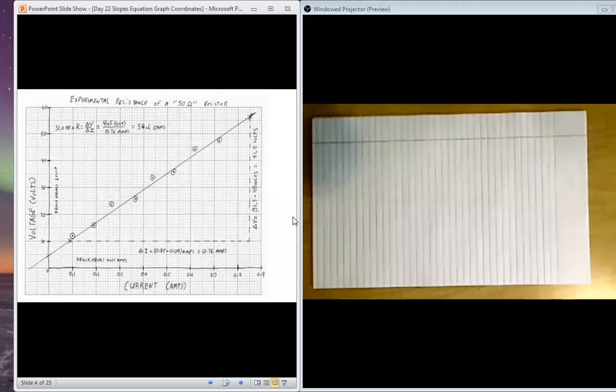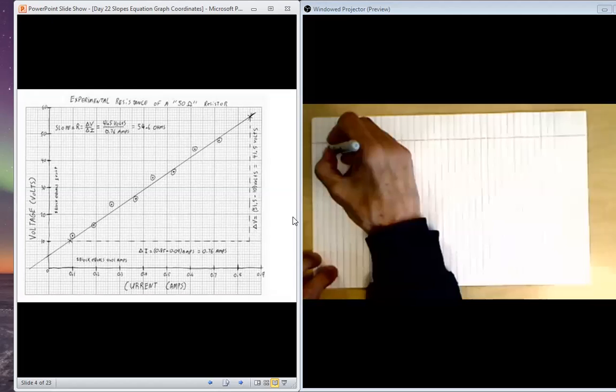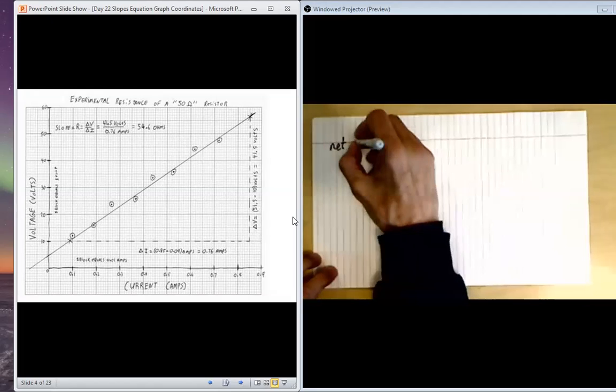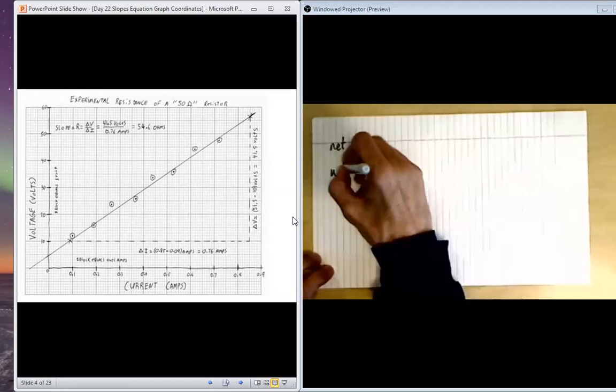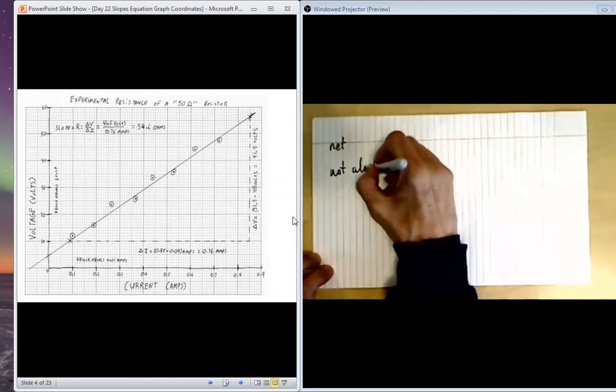Like net force from class? Yeah, that's kind of getting there. Not in algebra? It's kind of true, at least not what I'm thinking of.